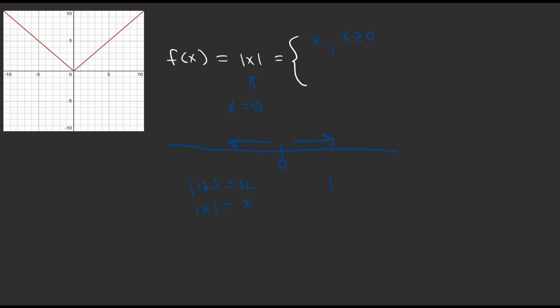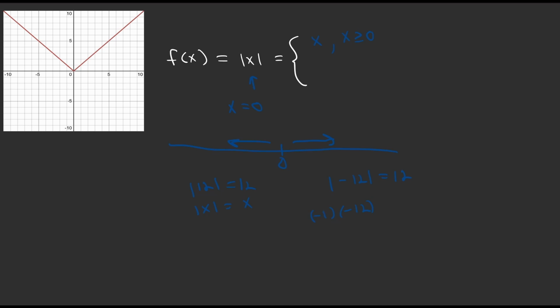For example, if we plug in a number like negative 12, we're going to get positive 12 as our result. Now, what happens to the negative 12 to make it positive? Well, essentially, we're multiplying that negative 12 by negative 1, right?